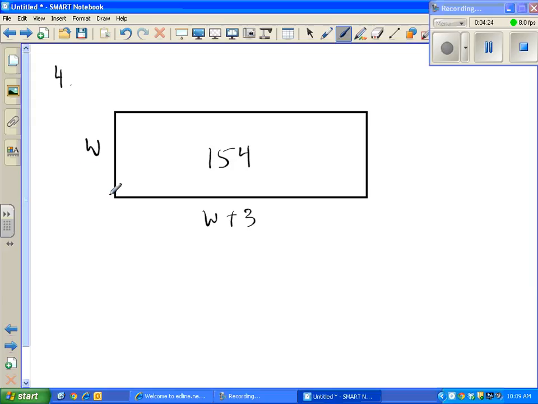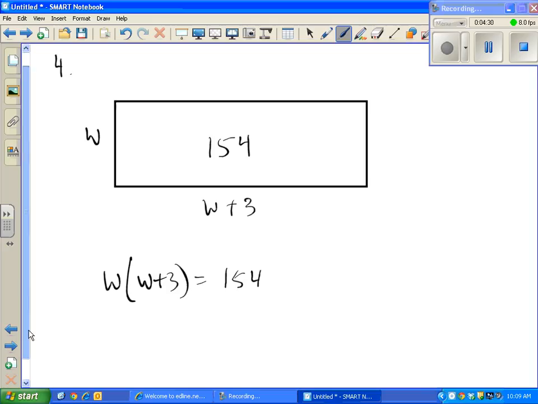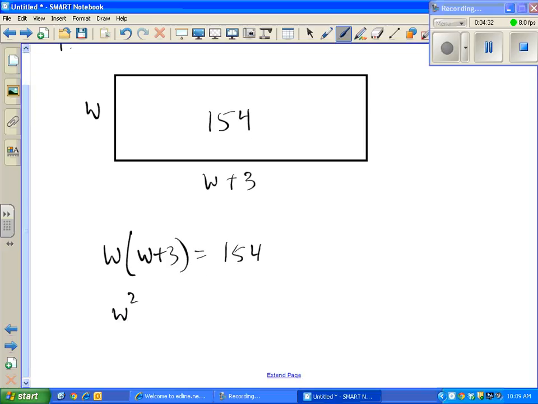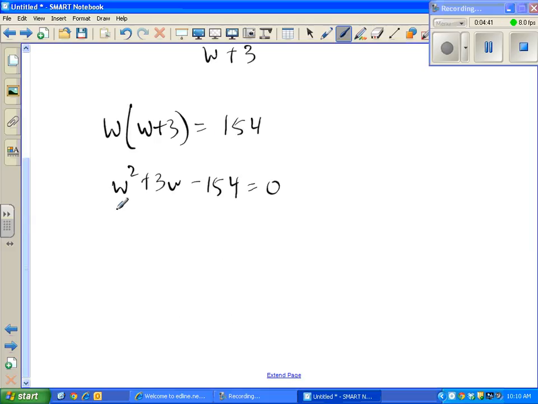So let's first set up an equation. Well, we do know W times W plus 3 should equal 154. So then we solve this equation. We get W squared plus 3W minus 154 equals 0. Notice I subtracted the 154 so I could make it in quadratic standard form, so that it equals 0.